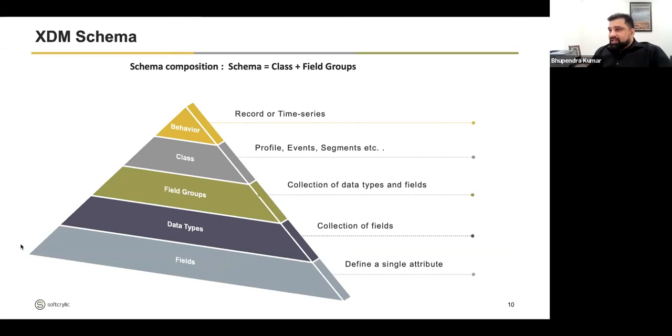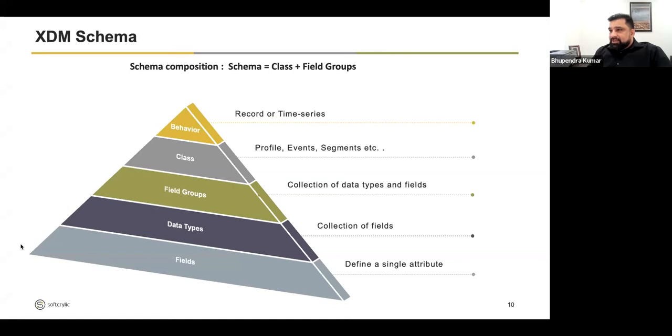The next stage is a field group, which is a collection of data types and fields. So let's say you created an email address: the email address has an address, and other attributes associated with it can be part of a data type or can be their own specific attributes, like single fields. Then comes the class.